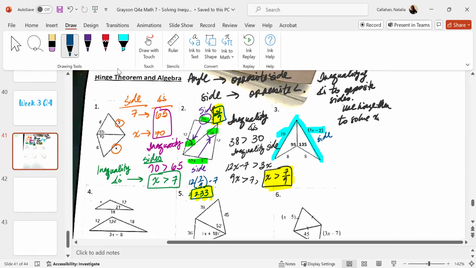What angle is the opposite of that? 135 and 95. So here's the inequality of the angle. Which one's bigger? Okay. Now write your inequality of the sides and solve for x.